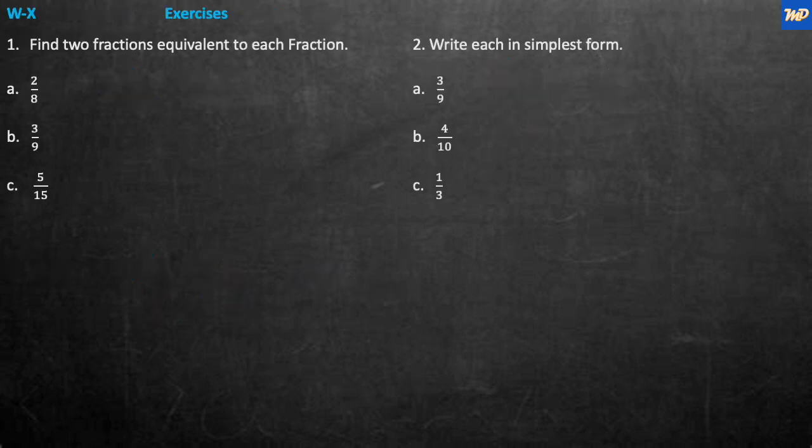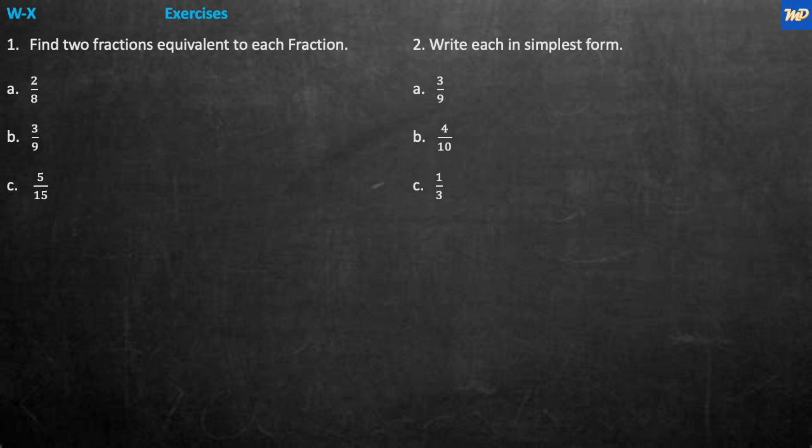Now in our final slide, these exercises that we're going to do, there's 2 different questions. The first one says find 2 fractions equivalent to each fraction. So for A, we have 2 over 8, or 2 eighths. They want us to find 2 fractions equivalent to A. Well, as we said, we can divide the numerator and the denominator by the same number, or we can multiply the numerator and the denominator by the same number and get the results from that.